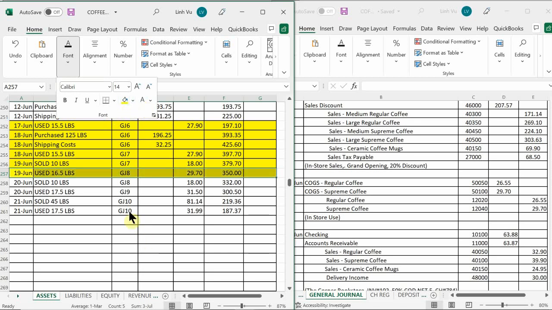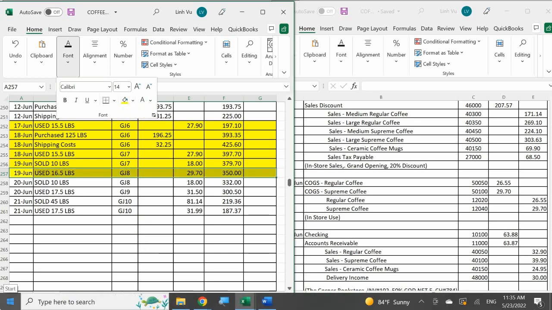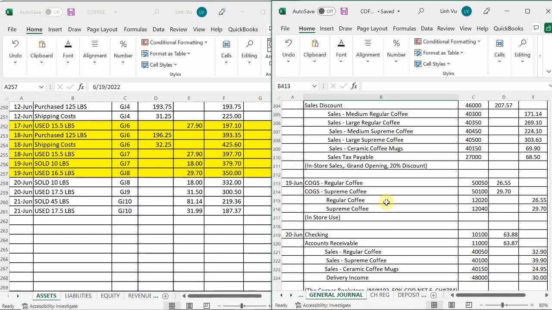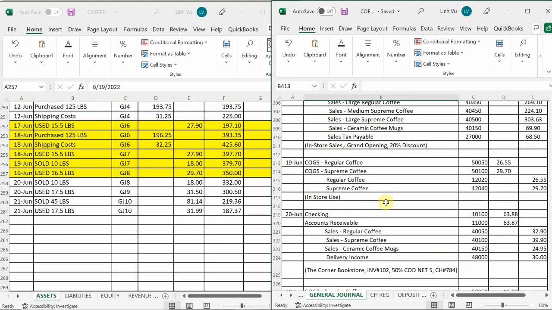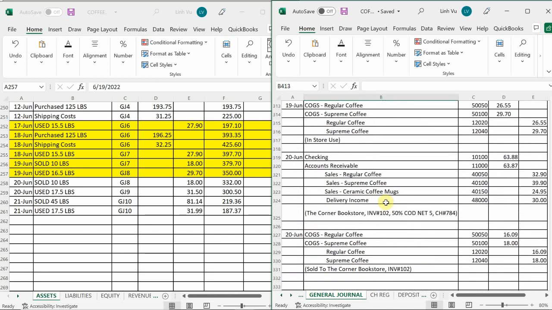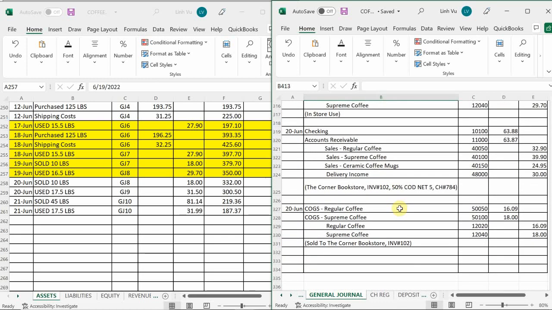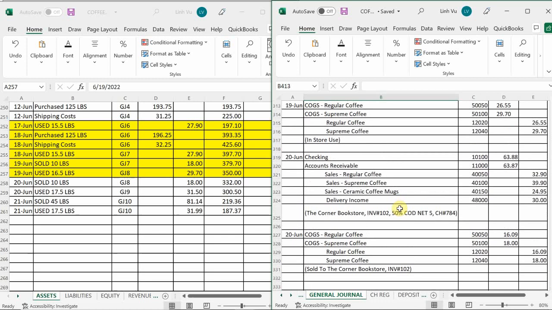Okay. So then now, let's see. What else did we do? We sold to another person. We sold to the corner bookstore. Since I'm already here, let's see. I should go in order.